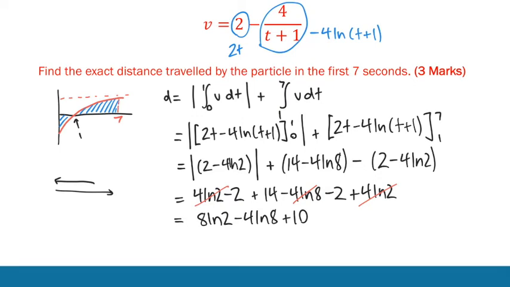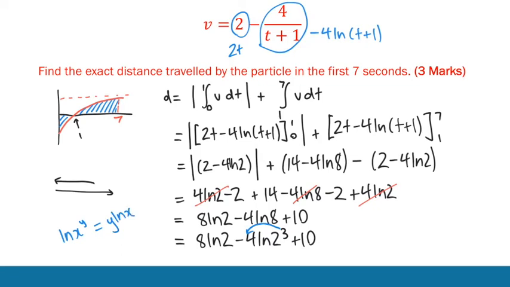Now it looks like we're done, but we can actually simplify this a little bit further. Using our log laws, we remember that 4 log 8 is 4 log 2 cubed. And where the log law comes in is that we can bring this 3 out the front here. Because remember, the log law is that the log of x to the y is equal to y log x.